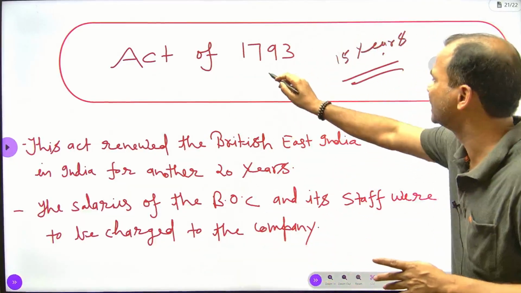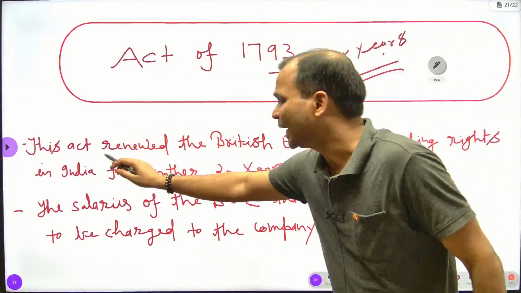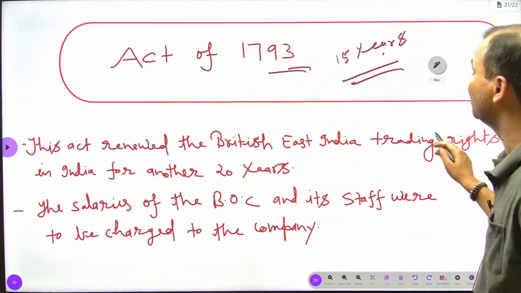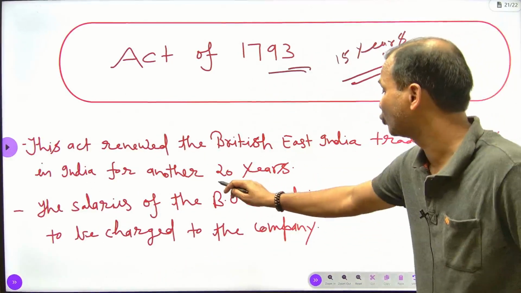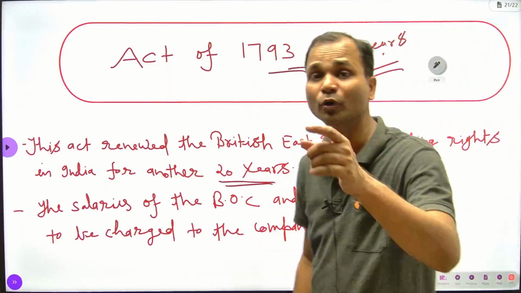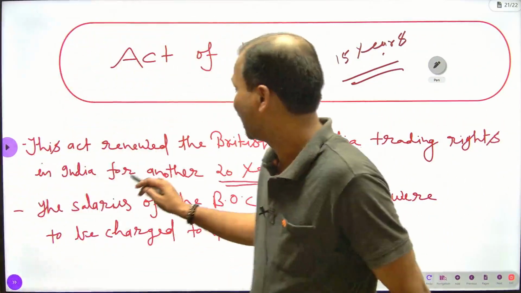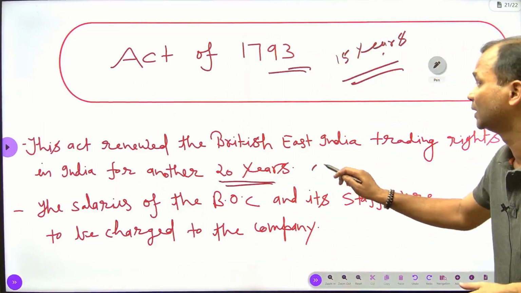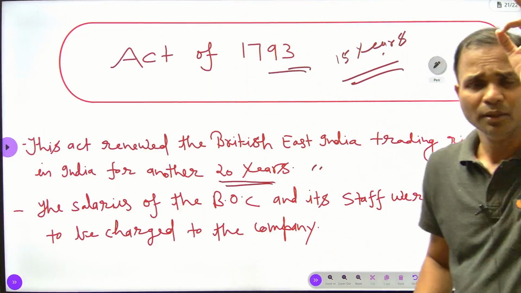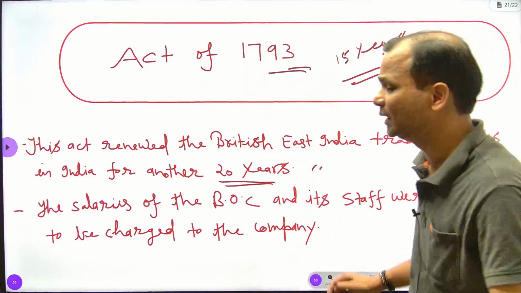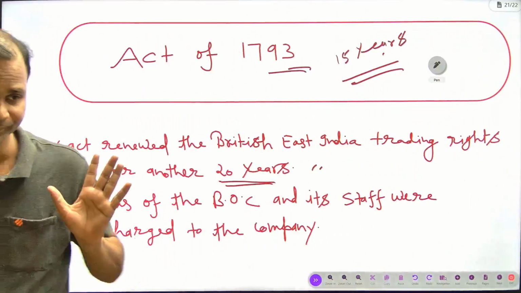And in 1793, this act again renewed the monopoly, and the company was given trading right for 20 years. It means the monopoly of the company has been extended up to 20 years. This is the prominent and important point of the 1793 Act.